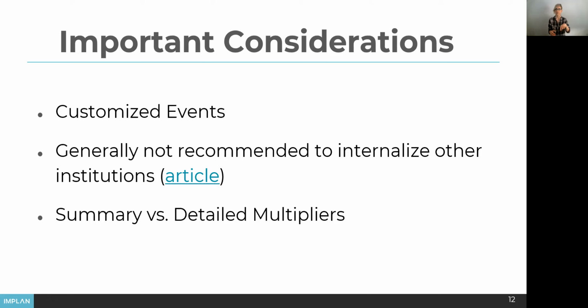multipliers table in InPlan. But if you went and customized your event, so you put in your 100 jobs, InPlan estimated that with that there'd be $10 million worth of output, and you said, nope, I know how much revenue there's going to be associated with these 100 jobs, and it's $50 million in output.